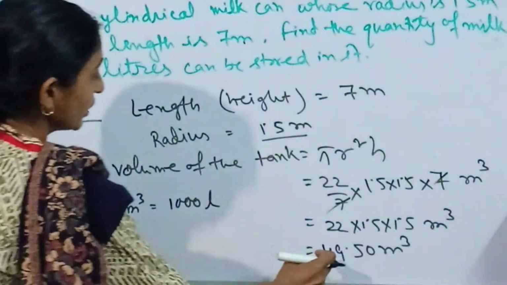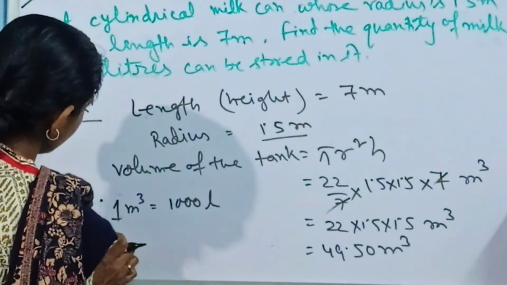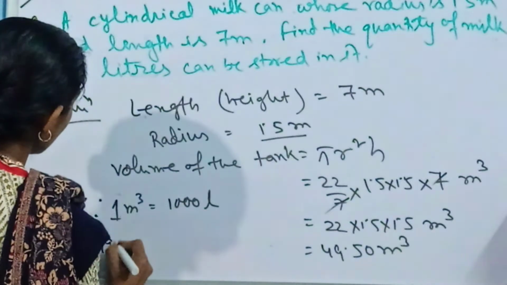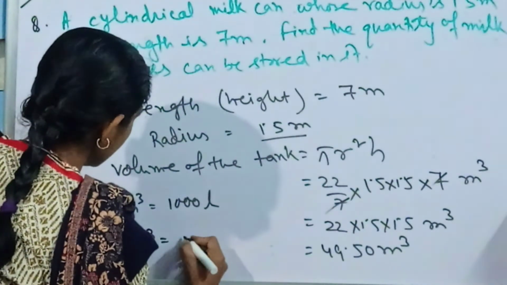Therefore, 49.50 meter cube is equal to how many liter?